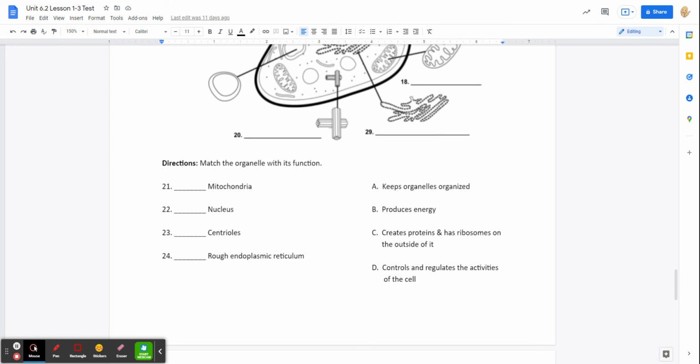So this first one for A, which organelle keeps the organelles organized? So please put the letter on the line. B, produces energy. So this one is the powerhouse of the cell. Which organelle produces energy?